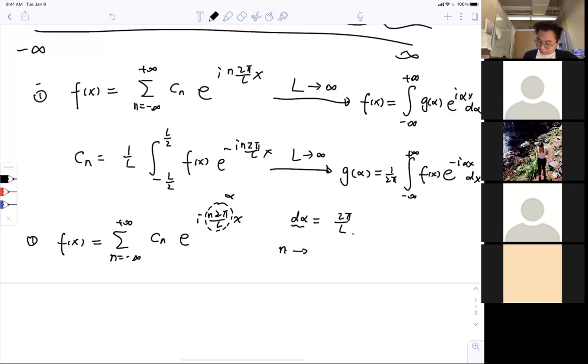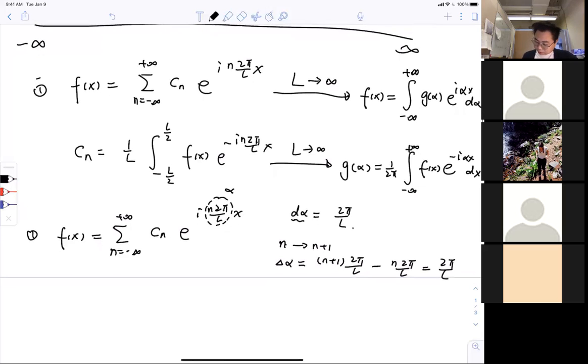For example, n becomes n plus 1. Then the delta alpha is (n plus 1) 2 pi over L minus n 2 pi over L, which is 2 pi over L. Right? So when L goes to infinity, this delta alpha becomes infinitesimally small, and this is what we learned in calculus. When it becomes infinitesimally small, we just say it's d alpha, right?